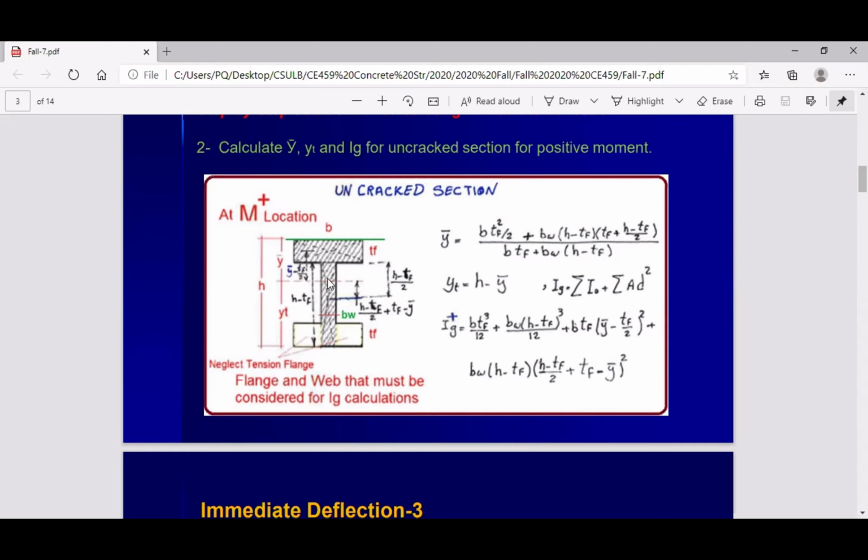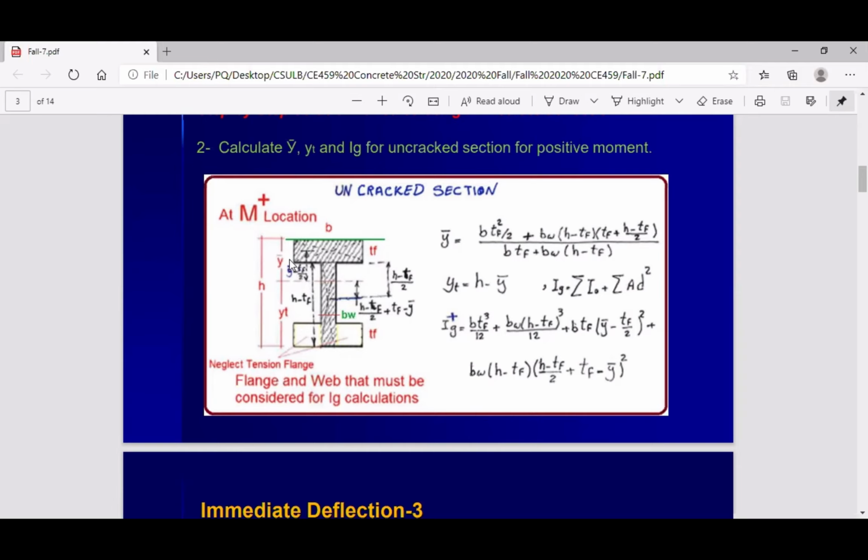For the second cross section, the distance from this center to this neutral axis is the new D. So if I call them area 1, D1, area 2, D2. This is D1, y bar minus TF divided by 2. And this one is D2, from here plus TF up to the top, minus y bar. H minus TF divided by 2 means up to here, plus TF, then minus y bar gives us this distance. This D is the distance between each area's center and the neutral axis of the whole section. That's the meaning of D.